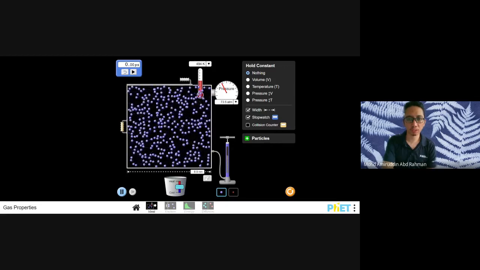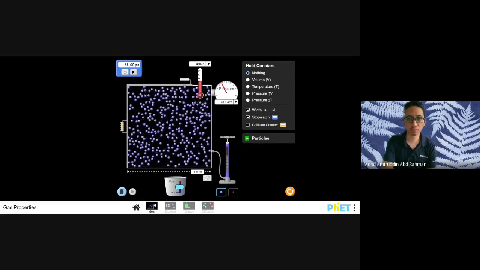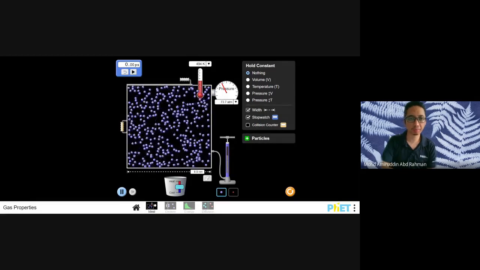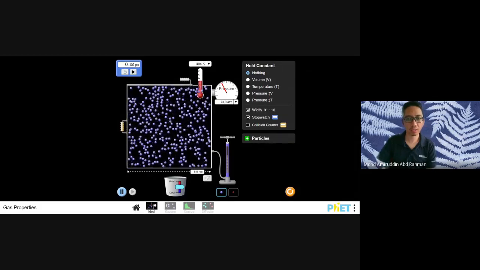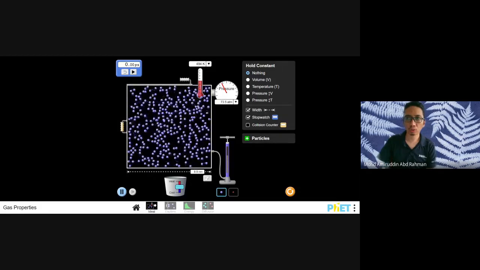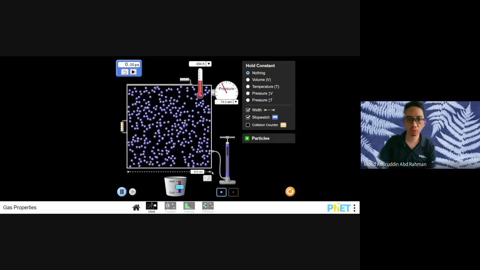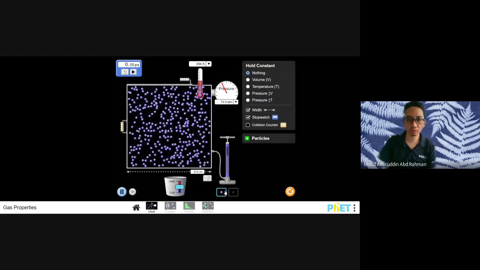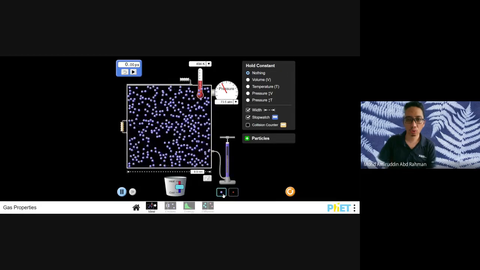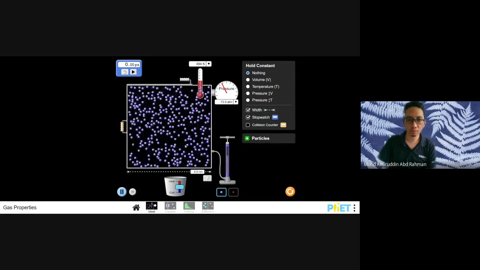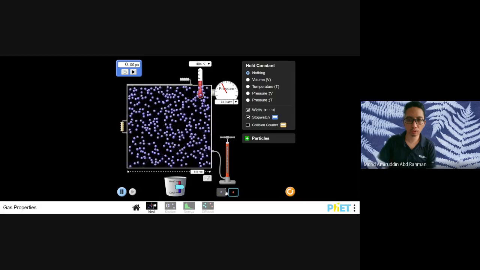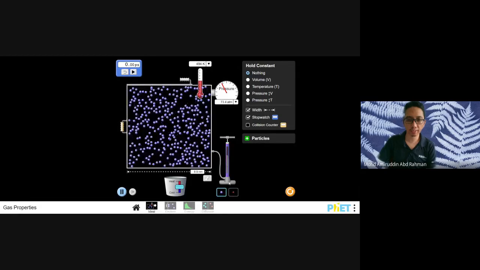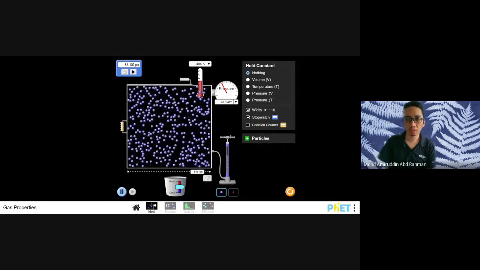So you keep increasing till 15 nanometer, and then you also change the gas particle. This one you choose the blue one, so next you can use the red one. The blue one is a much heavier particle compared to the red one, so the red one is much lighter.